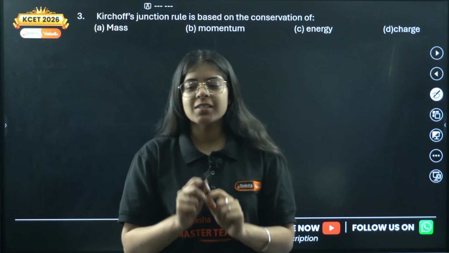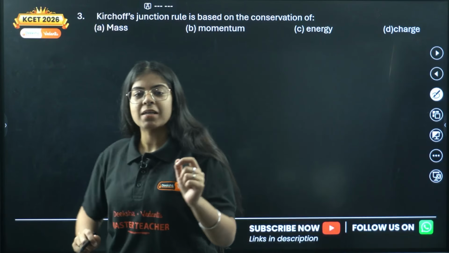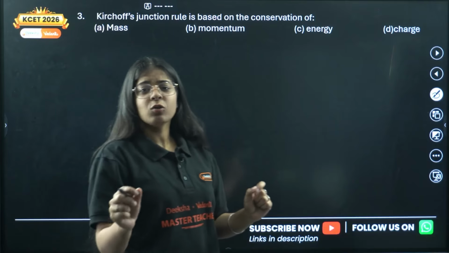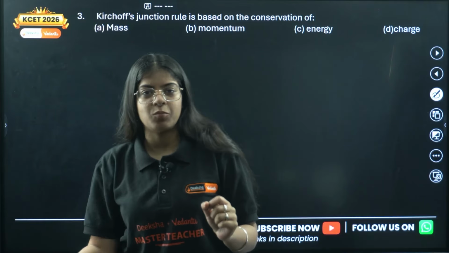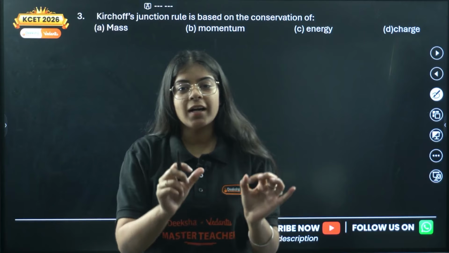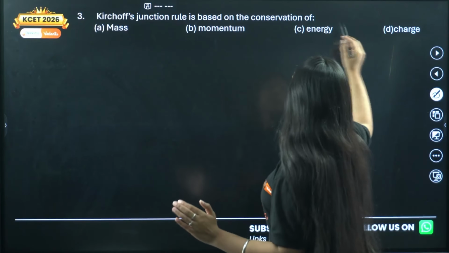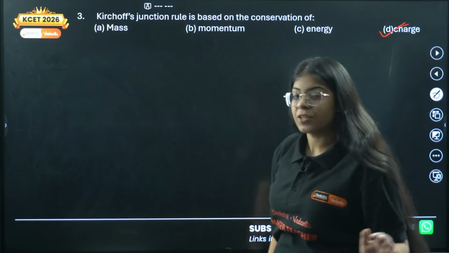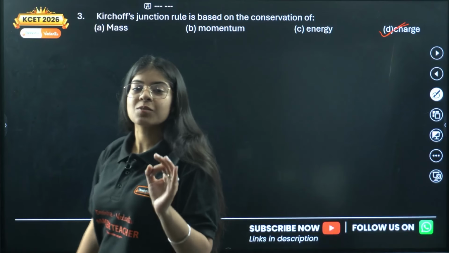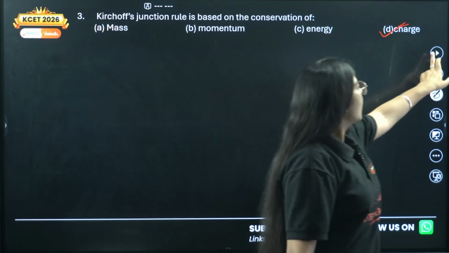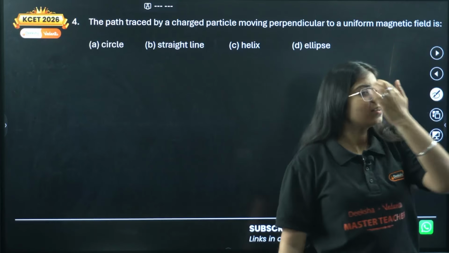Basically, Kirchhoff junction says the amount of current entering a point is equal to the amount of current exiting from that point. So, what is it? Current and charge. So, the conservation is what? It's conservation of charge. My Kirchhoff's junction rule is based on the conservation of charge. Okay? And our answer is D.